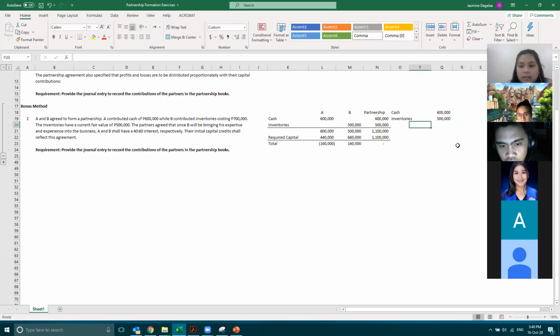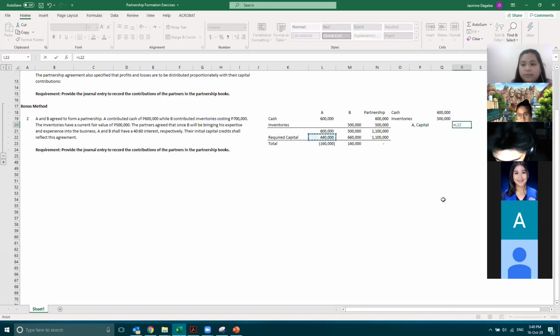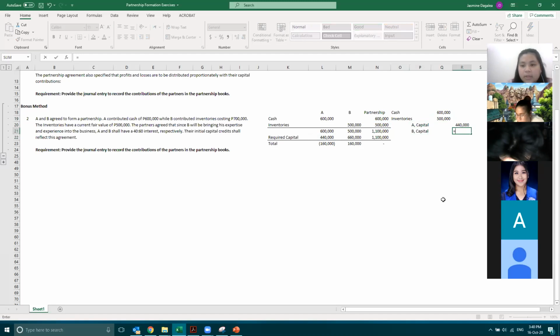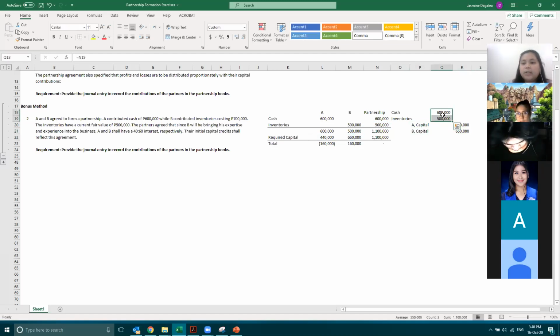Credit A capital, dito nyo kukunin, 440. B capital, dito nyo kunin 660 required capital. So, balance pa rin, 1.1, 1.1. So, ito yung journal entry nyo.